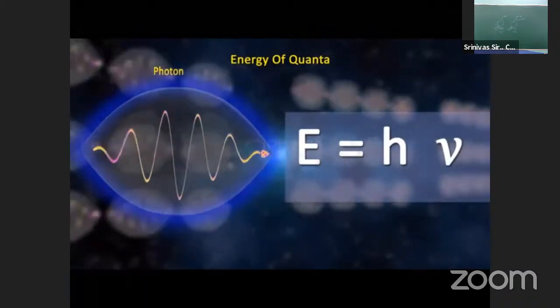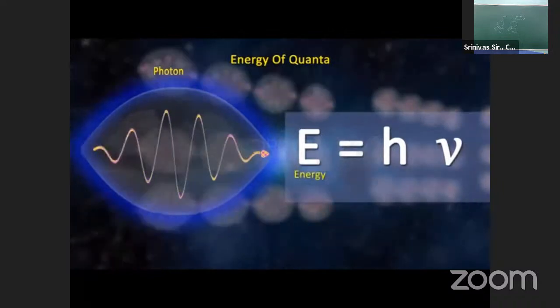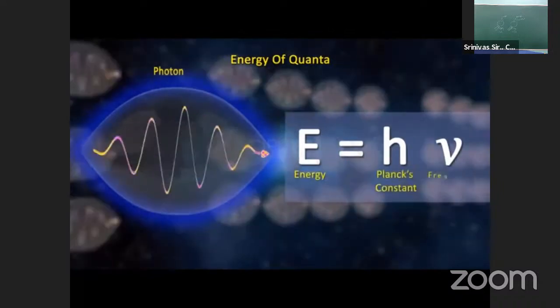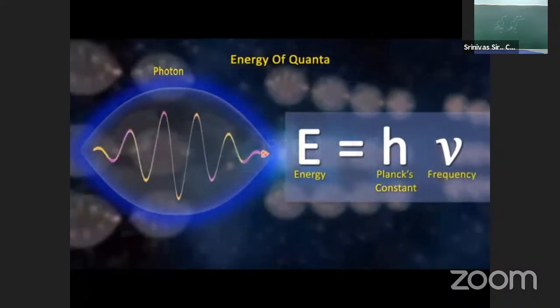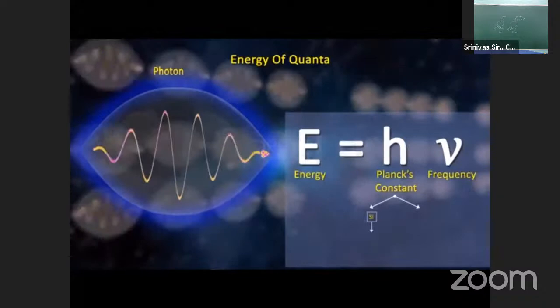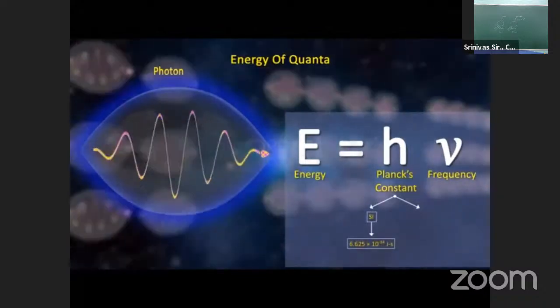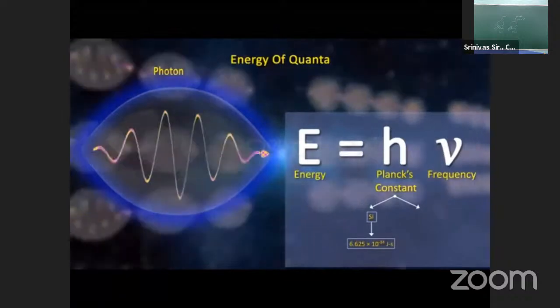where E stands for the energy of radiation, and h is Planck's constant. The value of Planck's constant in the SI system is 6.626 times 10 raised to the power of minus 34 joule second.